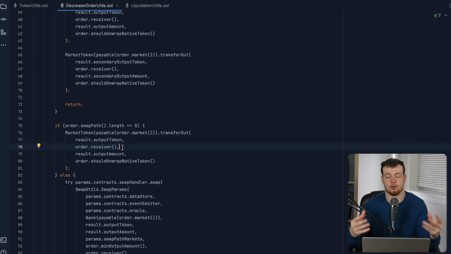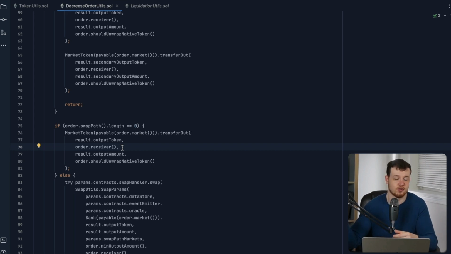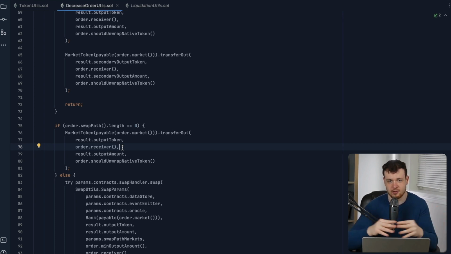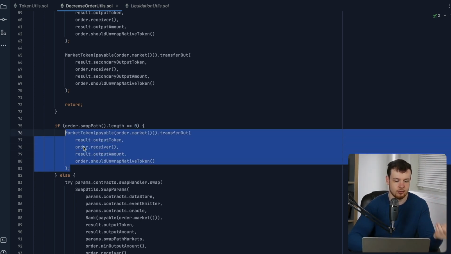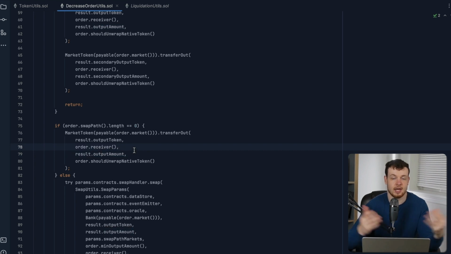And so now I can create a position that can have significant losses such that it should have been liquidated, because if it were to be closed, the remaining collateral that's left is not nearly enough to sufficiently back the size of the position. It should have been liquidated, but in this case, since the keeper cannot actually do this transfer, it can't be liquidated.